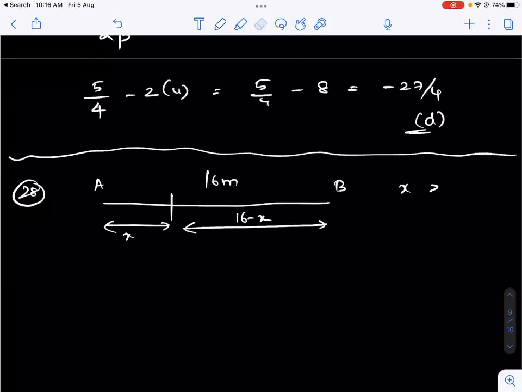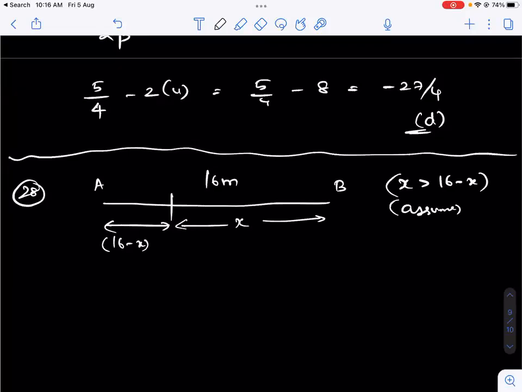Let's take it in such a way that this is x and this is 16 minus x. So I'm assuming x is greater than 16 minus x. This is an assumption only.